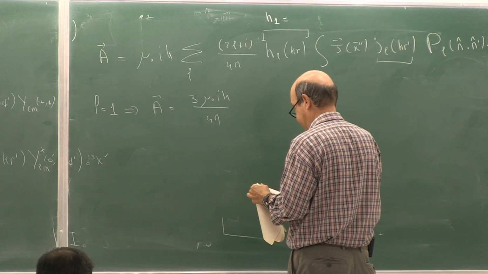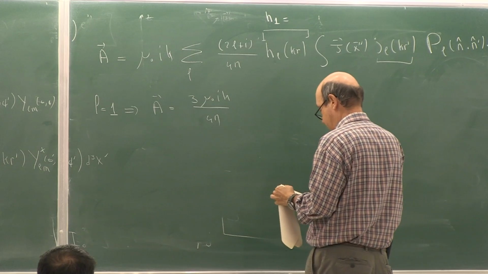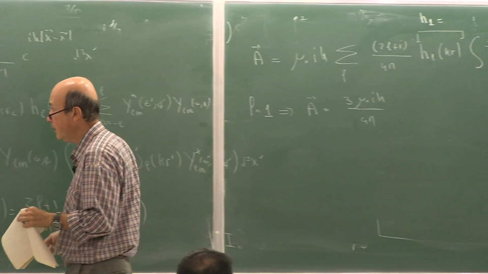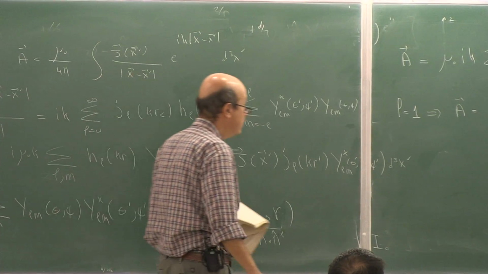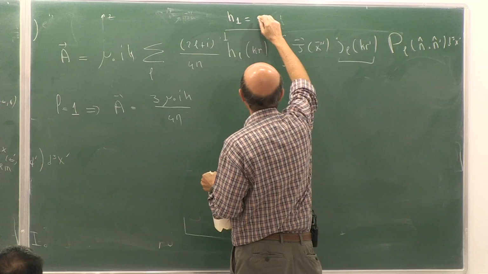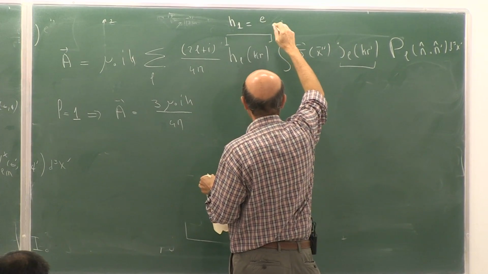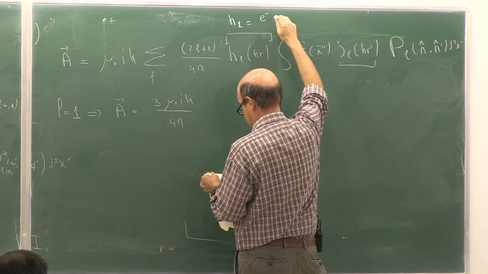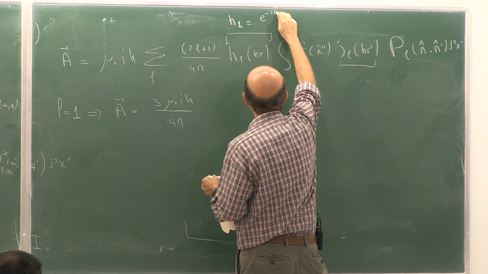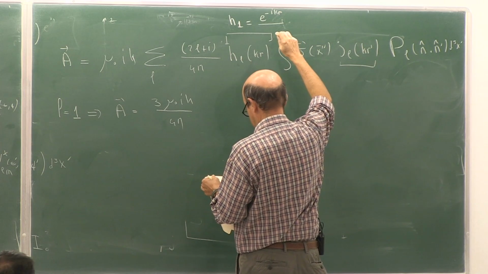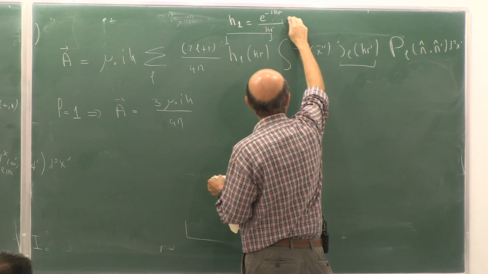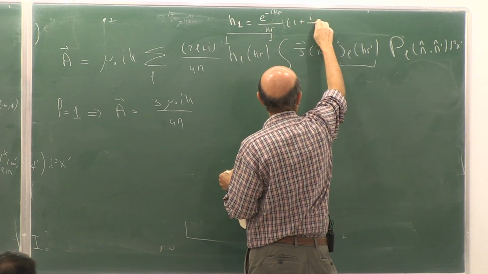So for kr large, that is equal to e to the ikr over kr, times (1 plus i over kr).